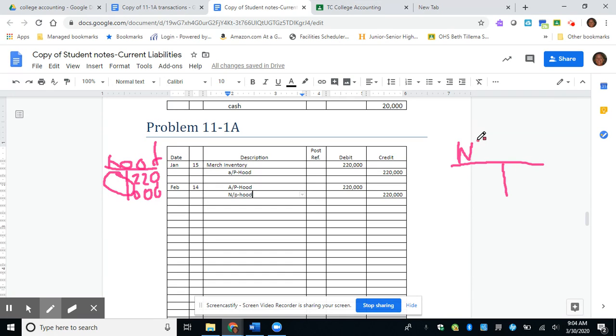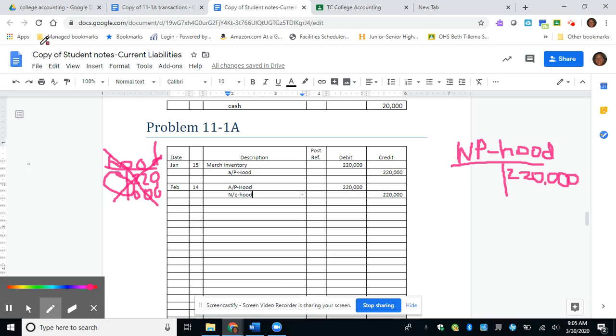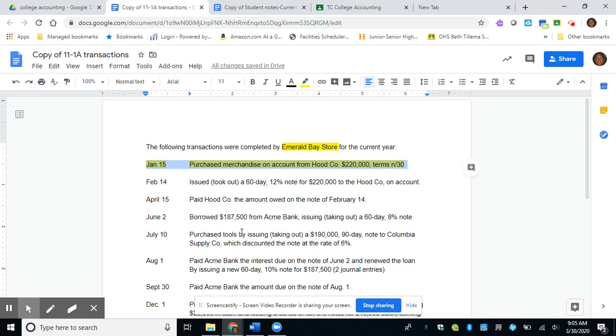And this is going to be a note payable to Hood. And it's $220,000. So this one is gone. I've canceled this one out. And now I just have this notes payable to Hood. So I'm going to continue and go back. Done with this transaction.